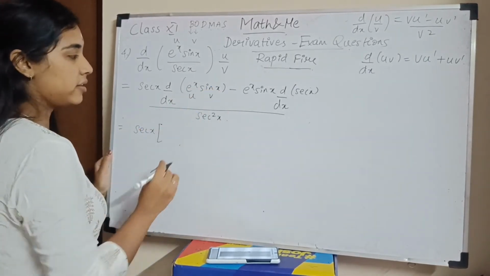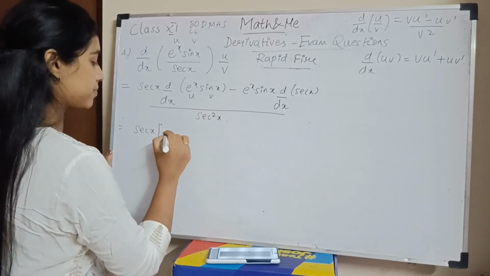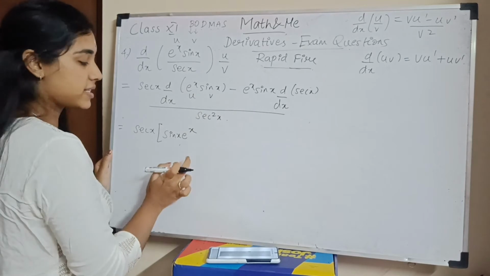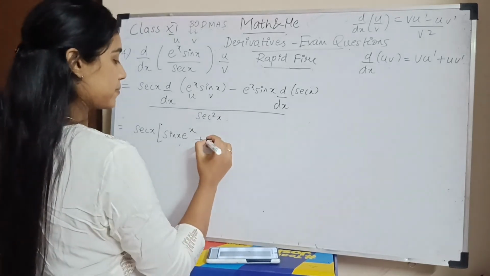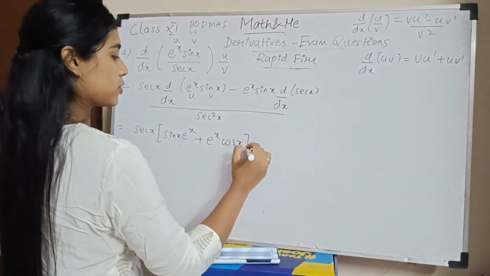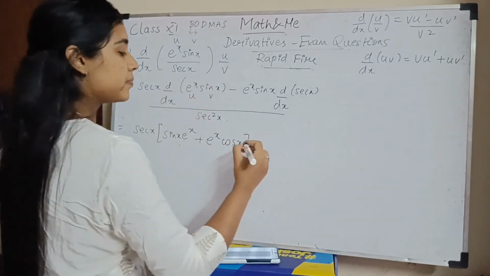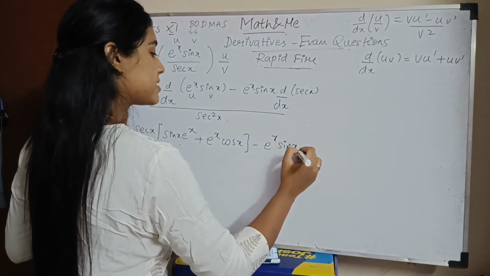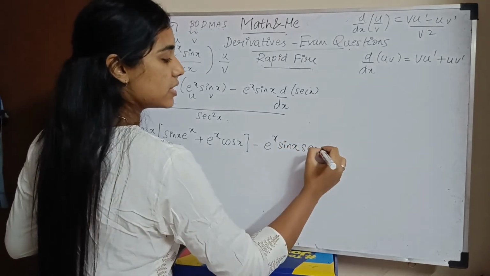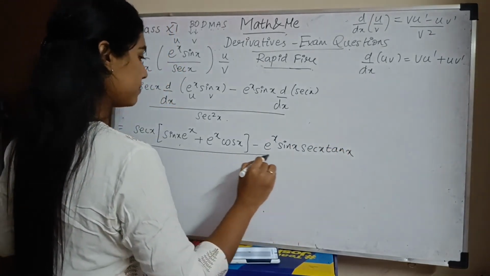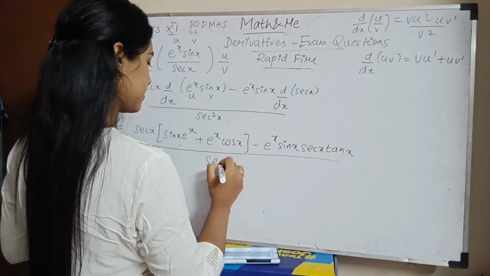So I'm opening a bracket. v u dash. What is your u dash? Derivative of e to the x is e to the x. Plus u v dash, sin x derivative is cos x. I'm closing the bracket. This term is done. Minus e to the x sin x, secant x derivative, secant x tan x, divided by secant square x.